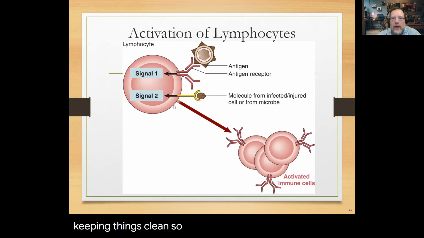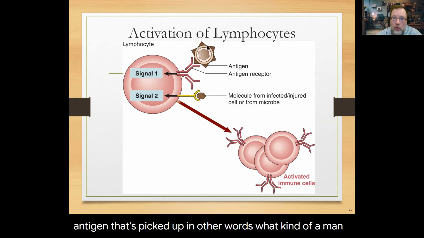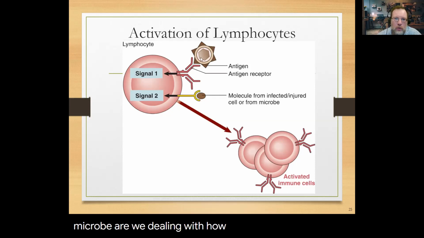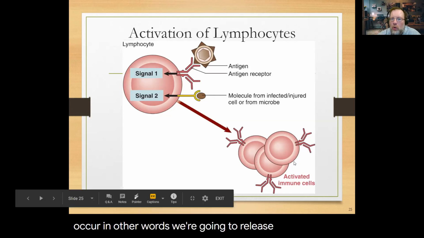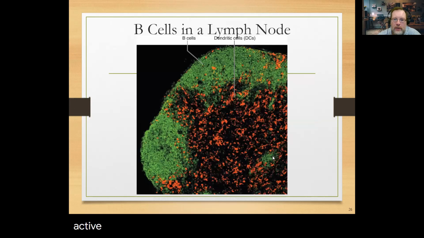We'll see this later: depending on the degree and type of antigen that's picked up, in other words, what kind of microbe we're dealing with and how many microbes, that could trigger a cloning effect to occur. In other words, we're going to release a lot more active immune cells.